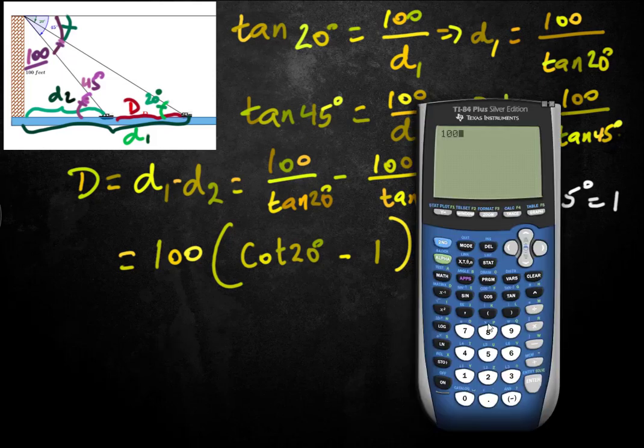If we do the calculation, we use our calculator here: 100 times cotangent 20 degrees minus 1. That should give us our result. We have 175 feet approximately, since they ask us to approximate that.